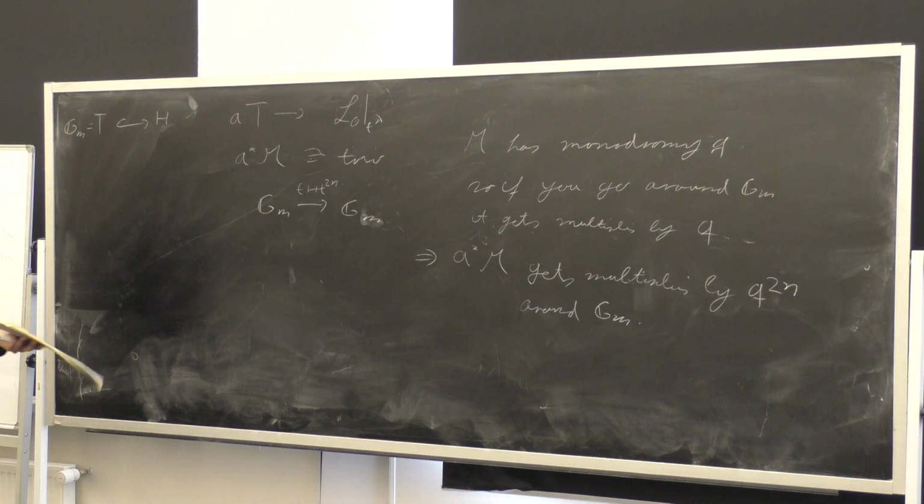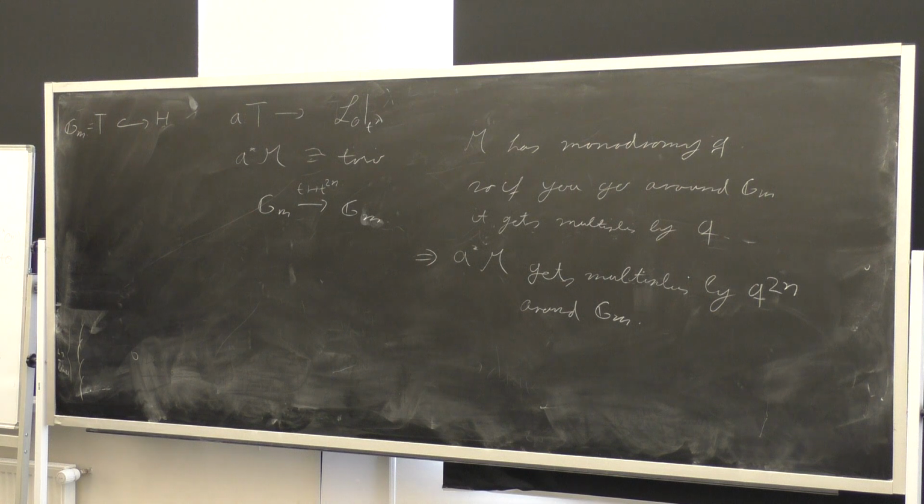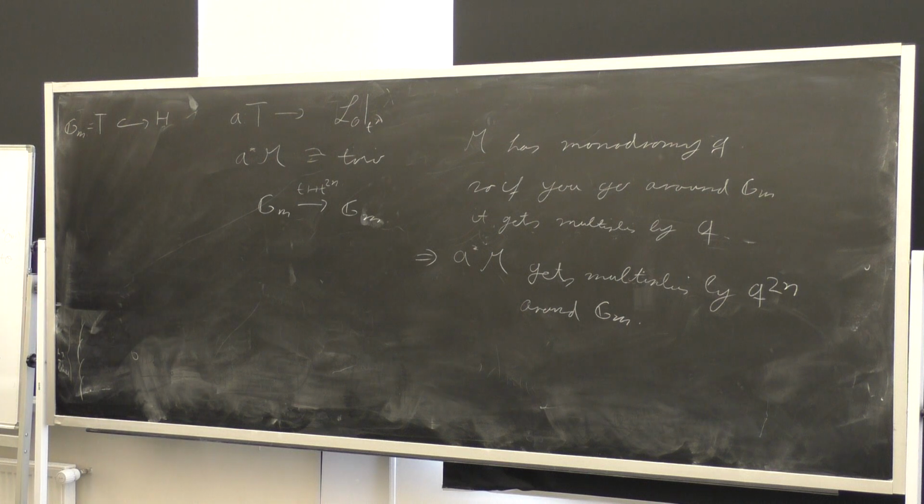But it's trivial, so unless Q to the 2n is 1, this can't happen. So in particular, if Q is not a root of unity, this can never happen. And so there's no sheaf with Q monodromy away from the point. It's easy to check, but I'm going to omit the details, that on the point you can only be trivial. So that's how you're equivalent to the category of vector spaces.